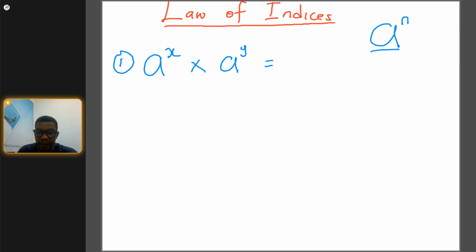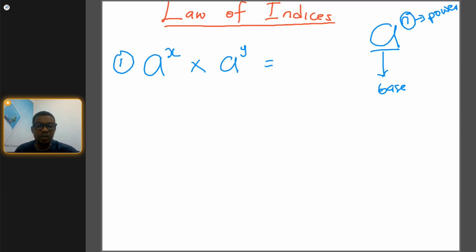A here represents the base. A is called the base, and this n is called the power, also known as the exponent. So for an index form, we have two components, which are the base and the power.